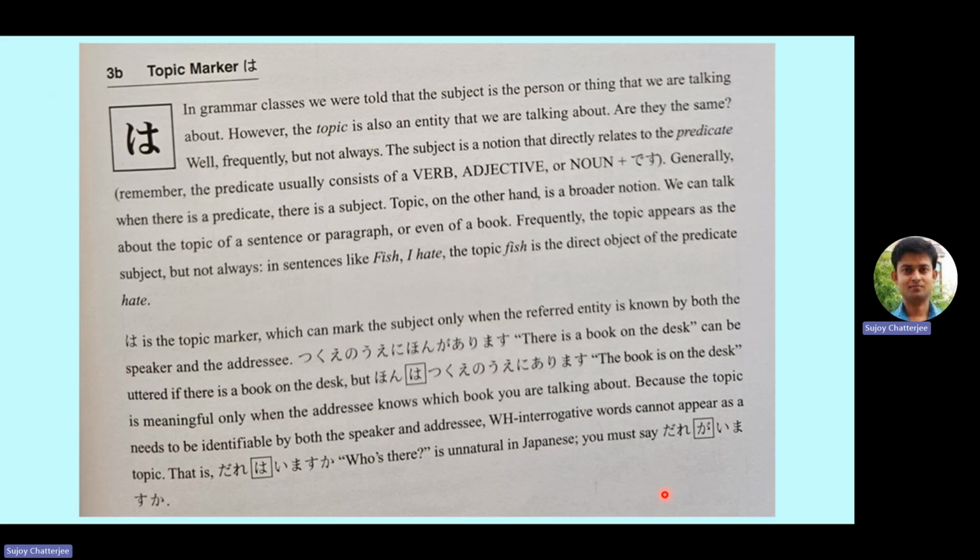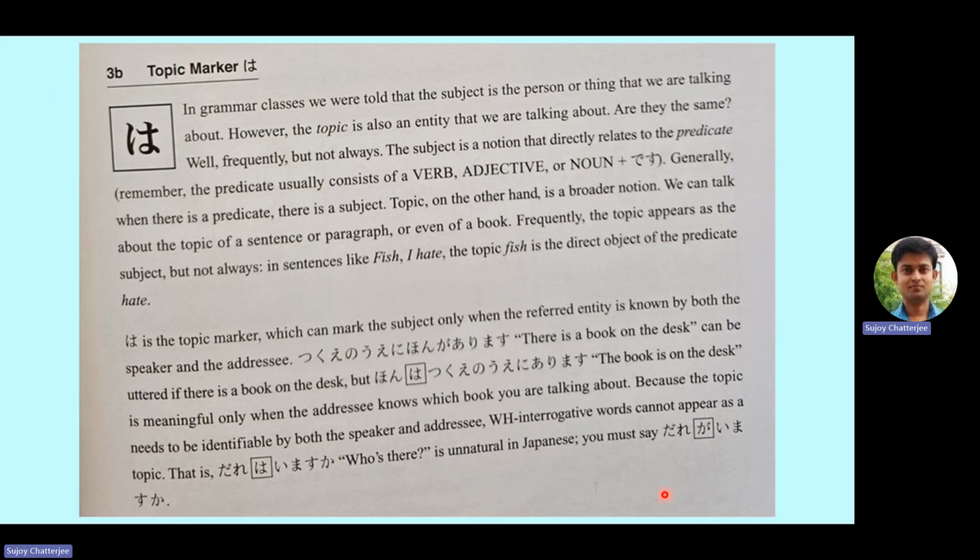Now we will move to the second topic of today's lecture, which is topic marker wa. In grammar classes, we were told that the subject is the person or thing that we are talking about. However, the topic is also an entity that we are talking about. Are they the same? Frequently, but not always.